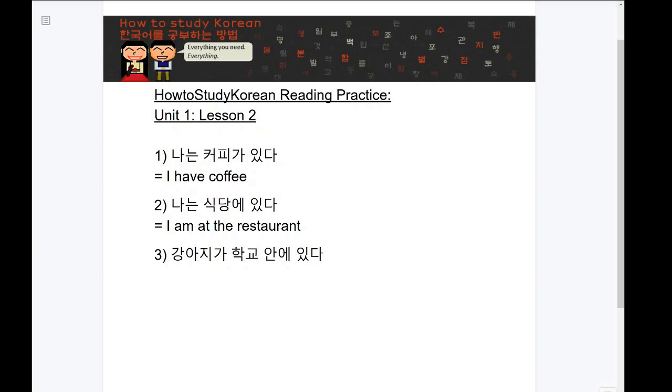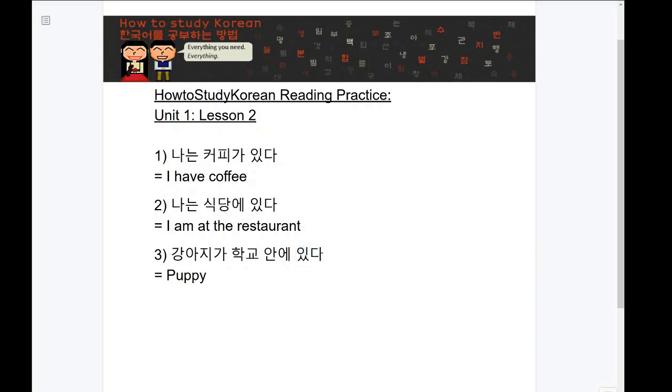Okay, this sentence is quite similar to the second sentence, mainly because I have ita, and it's the same usage of ita in the sense that I am using ita to indicate that something or someone is at a particular location. The subject of the sentence is 강아지, and that could translate to either a puppy or a dog, and typically it's a dog that one has as a pet. And the puppy is at some location.